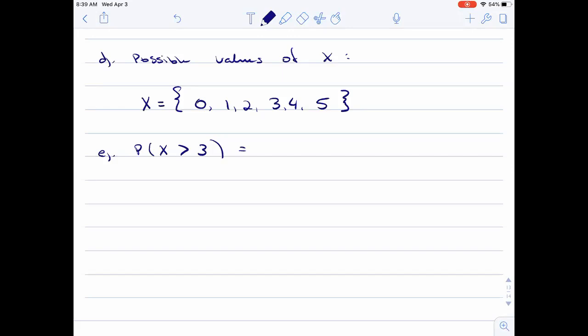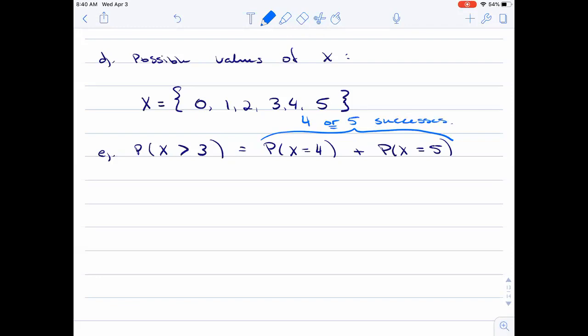So not including 3, then you can either have 4 successes or 5 successes. Same idea here as when we're looking at the branches, right? That's the same as the probability that x equals 4 plus the probability that x equals 5. Four or 5 successes.